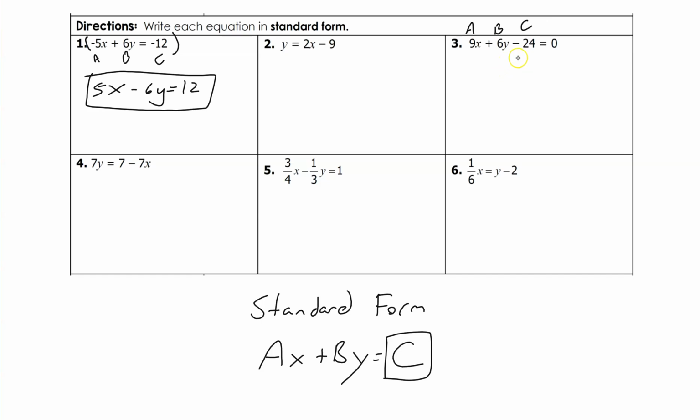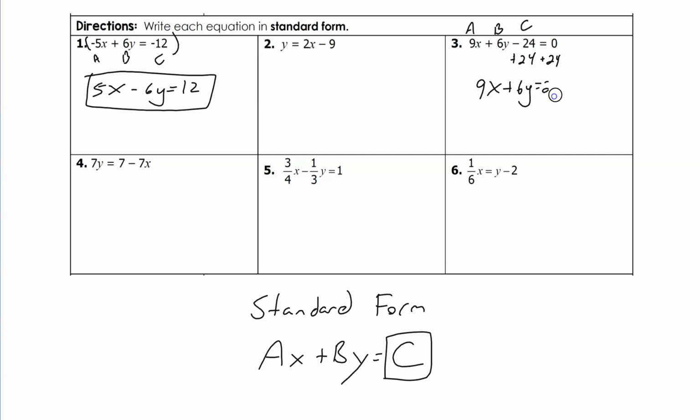So what we can do is add 24 to both sides. That gives us 9x plus 6y equals 24.